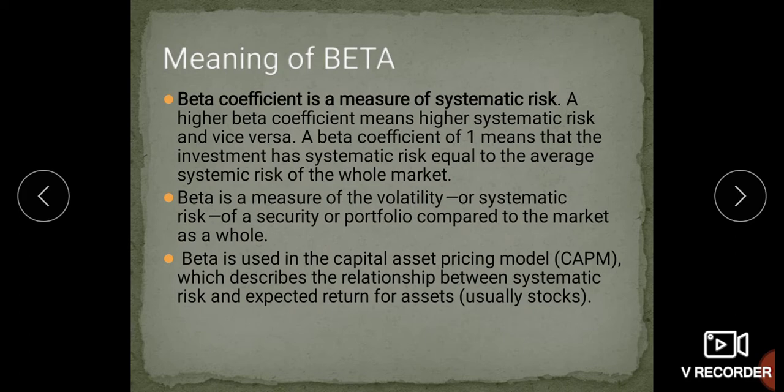If we calculate the beta of a stock and get a lower value, which means less than 1, that means we have very little systematic risk. So the return from that investment will also be less. In that way, the calculation of beta is very important, and the measurement of systematic risk or beta is that much important in portfolio management.